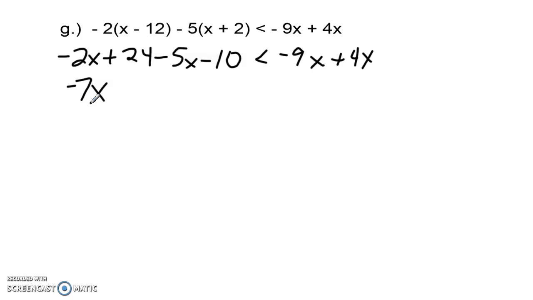So 24 minus 10 is 14. And it's positive 14. Whoops. And then on the right side, I do have two terms I can combine. They're both x, so I'm going to take 9x plus 4x, and that's going to give me a negative 5x.